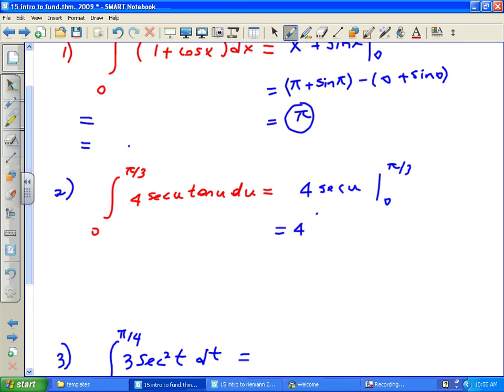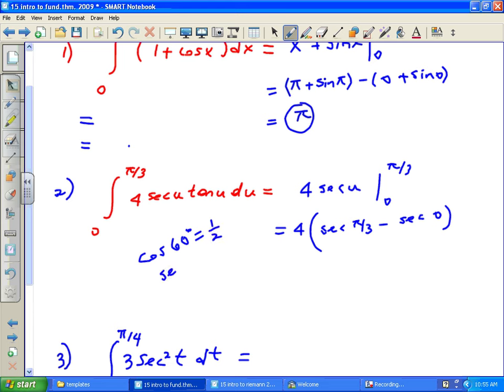Now, when you have a constant, you can factor it outside if you like. And you can write it like this: 4 times secant of pi over 3 minus secant of 0. Now, pi over 3 is 60 degrees. What is cosine of 60 degrees, first of all? Cosine 60 is the same as sine 30, which is 1/2.